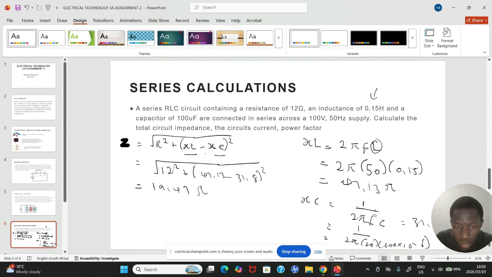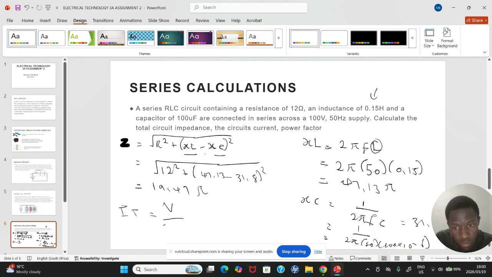Then the second question says calculate the circuit current. The total current of the circuit is given by the total voltage of the circuit divided by the total impedance.